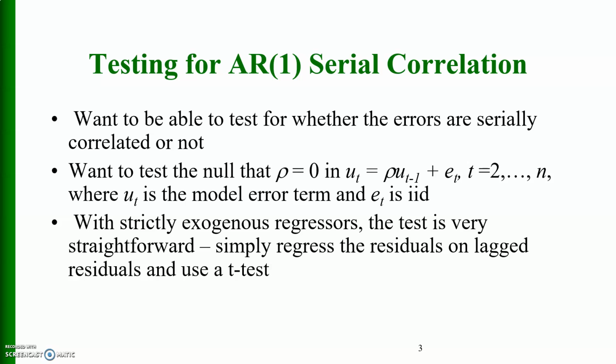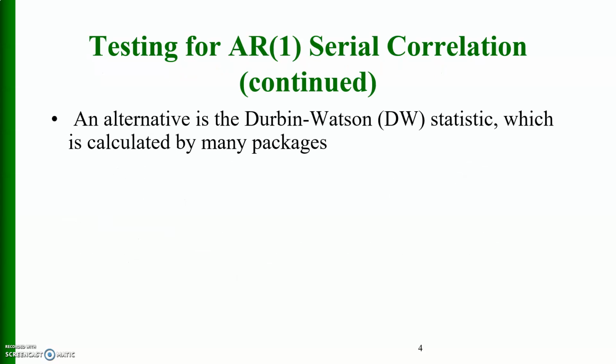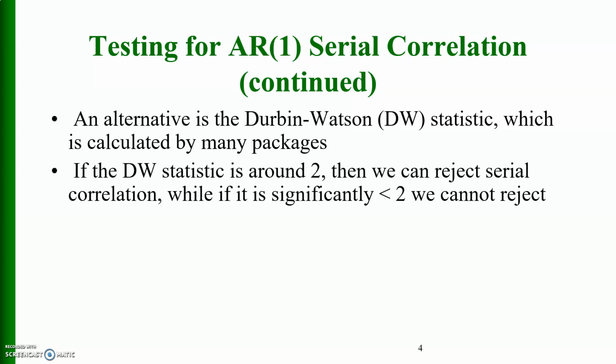With strictly exogenous regressors, the test is very straightforward. We simply regress the residuals on the lagged residuals and use a t-test. Whereas the alternative test is that of Durbin-Watson DW statistic, which is calculated by a number of different computer packages.